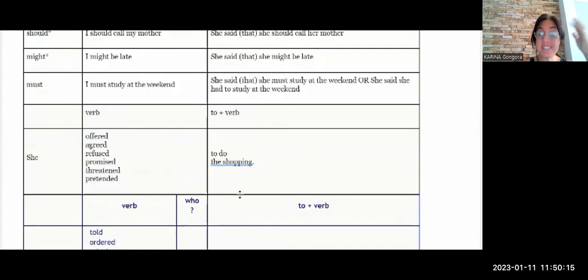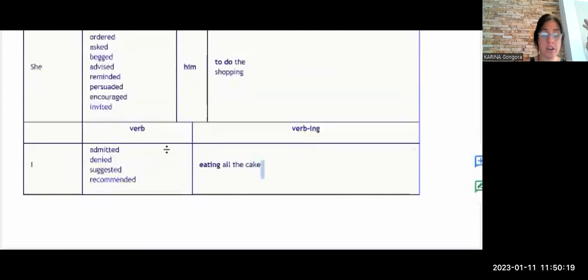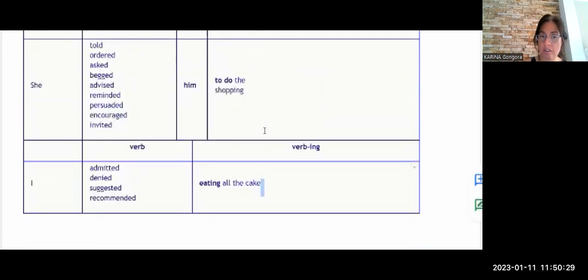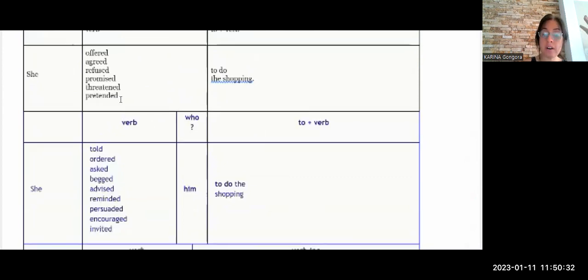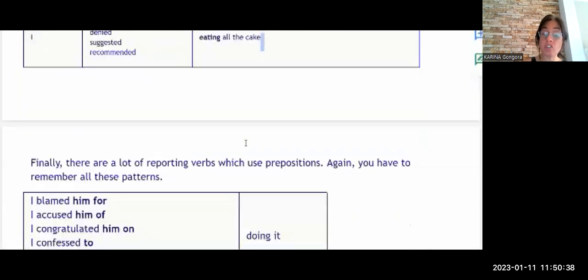But with the same idea, if you use another verb, for example, let's go with admitted. She admitted doing the shopping. There is a different pattern. There is a different structure, right? With all these verbs, we have to plus infinitive. Again, with these ones. But here we have with ing.